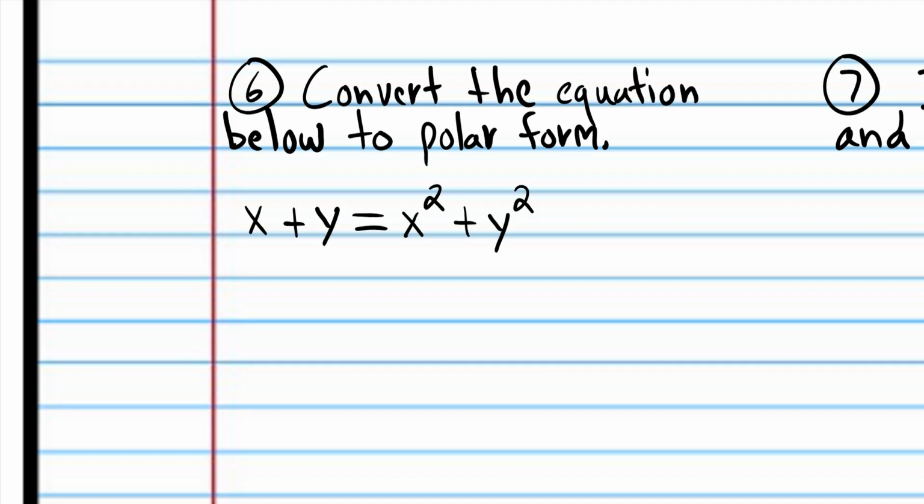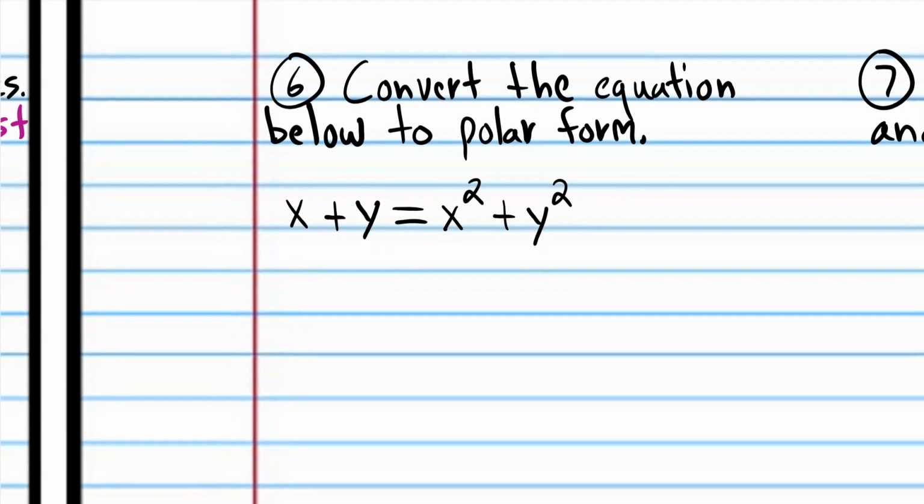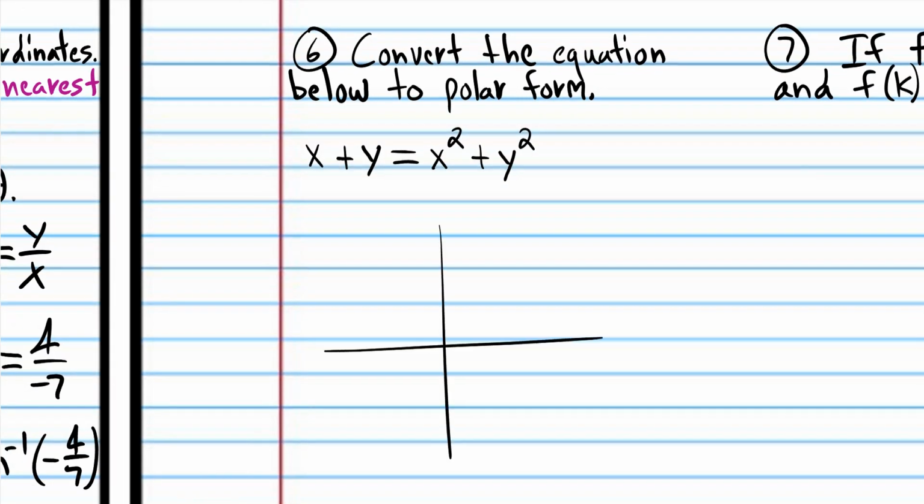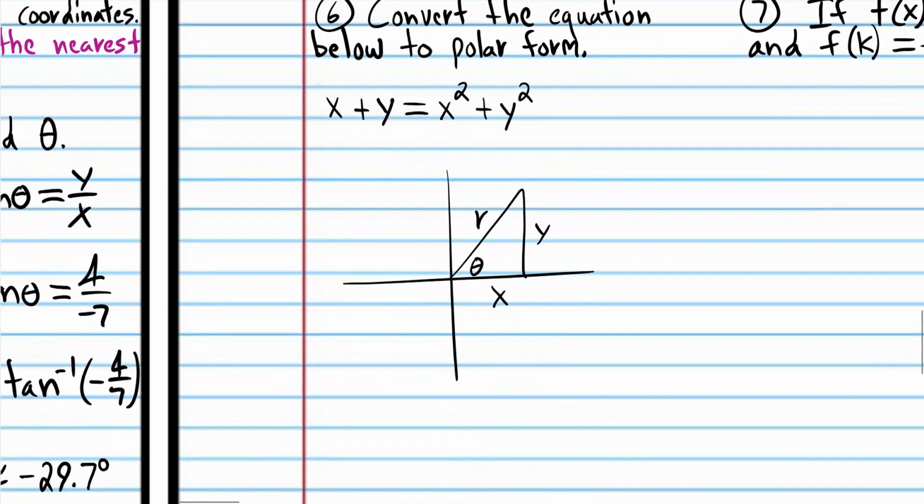All right, we're back. So if you recall, we'll draw any triangle, and if this angle is theta and this is r, the hypotenuse is r, and this leg is x and this leg is y, then obviously cosine theta is equal to the adjacent side over the hypotenuse.